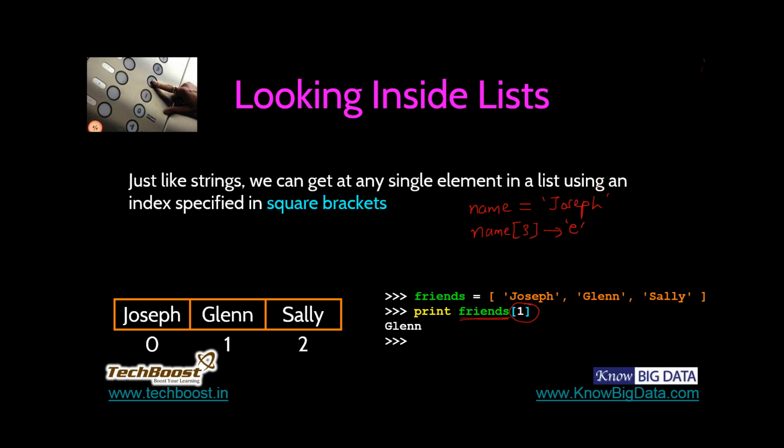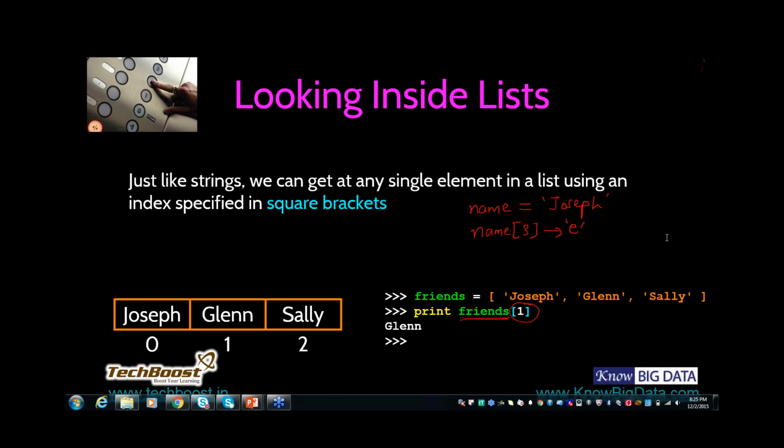Similar is the case with lists. All right. So we can access the elements using indexing in lists also. So in this list, for example, we're trying to access the element number 1.